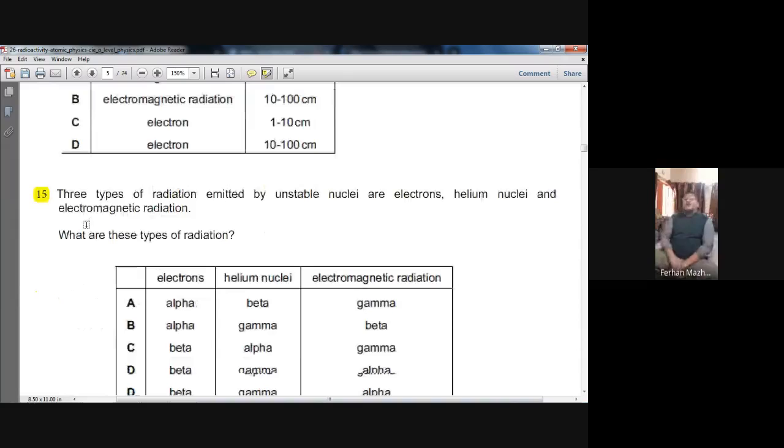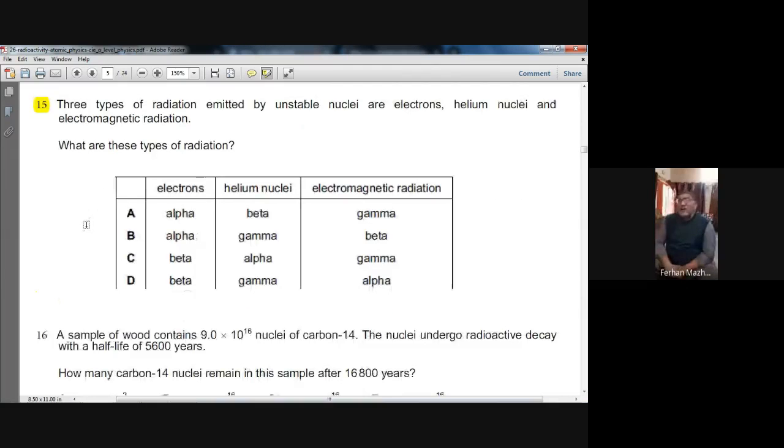Three types of radiations emitted by unstable nuclei are electrons, helium nuclei, and electromagnetic radiation. What are these types of radiations? Electrons are beta, helium nuclei are alpha, electromagnetic radiation is gamma.